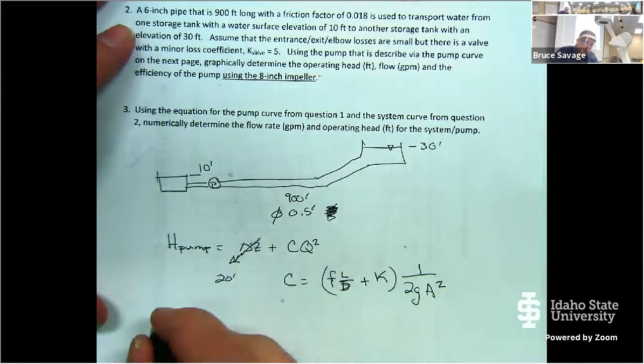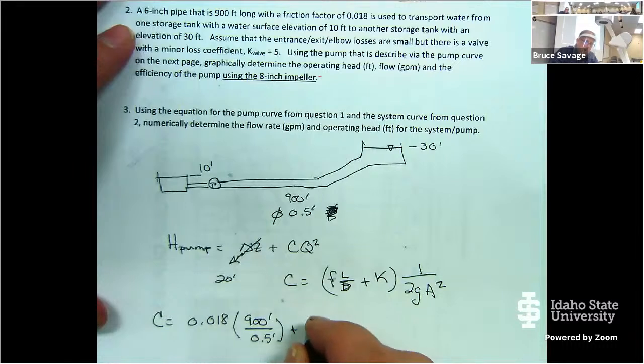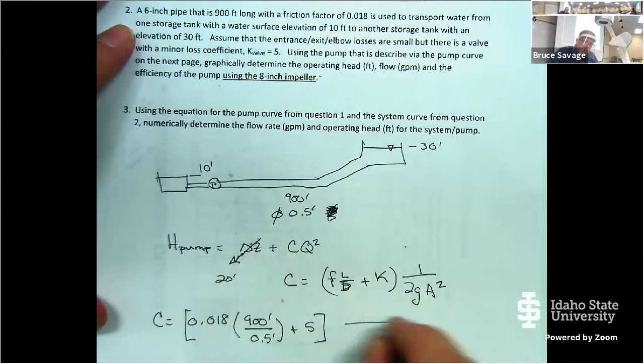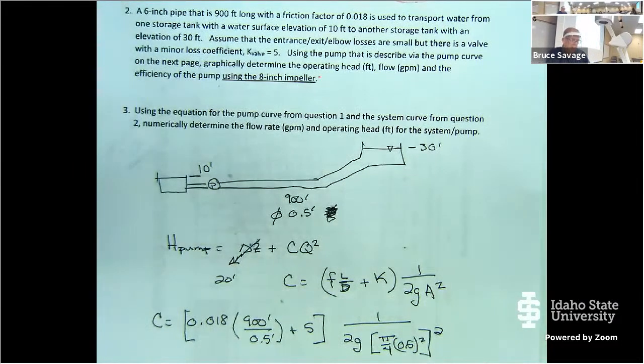So now I can go ahead and calculate that C value. C is equal to 0.08 times the length, which is 900 feet, divided by 0.5 feet, plus 5 for the minor loss of the valve, times 1 over 2 times gravity times the area squared, where the area is pi divided by 4 times 0.5 squared. Let's crank this out really fast.